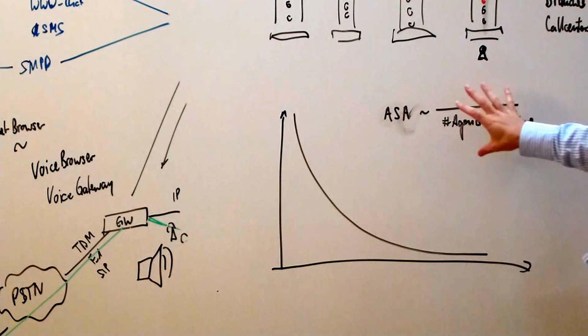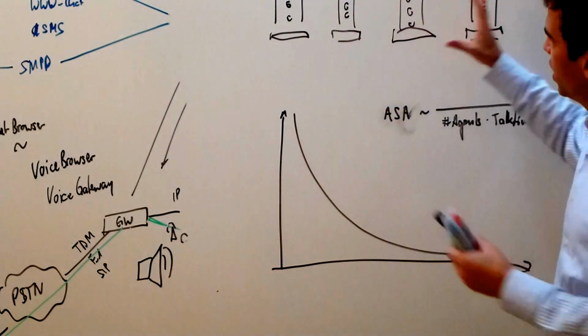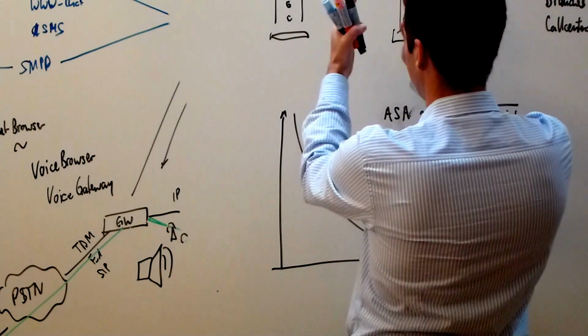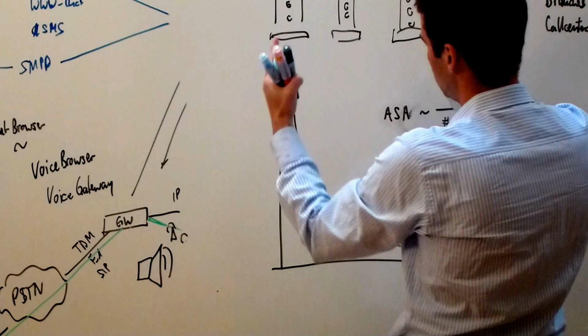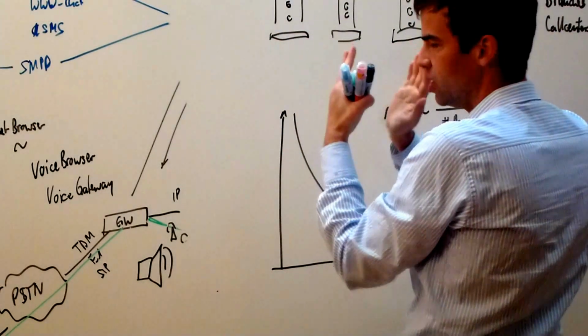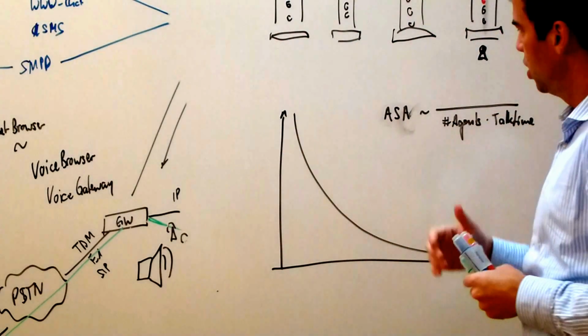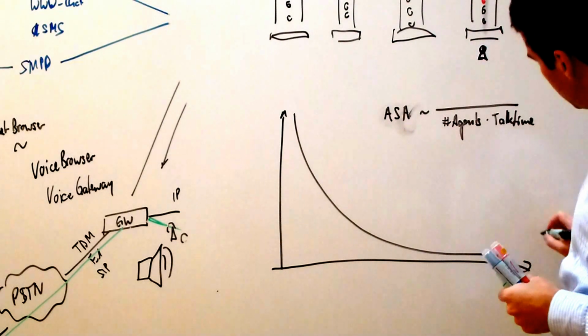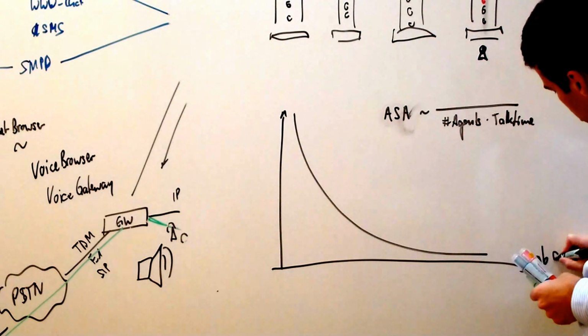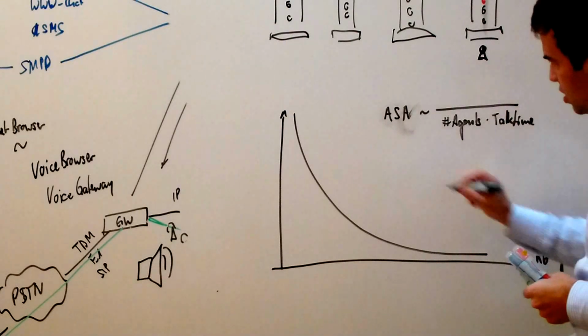So you want to have as many agents pooled together as possible, and you want to keep the talk time as short as possible. Another way of illustrating this: this is the number of agents, and this is the waiting time.